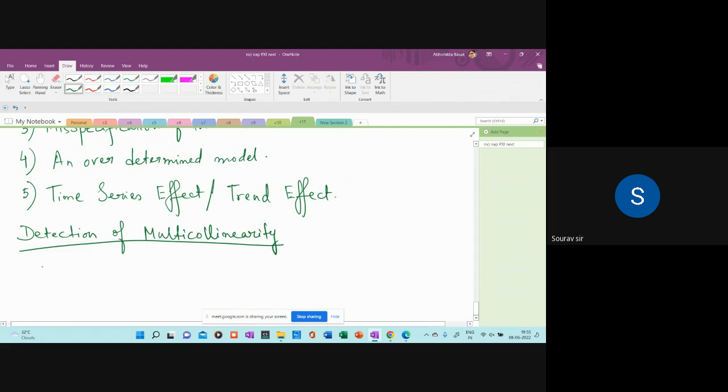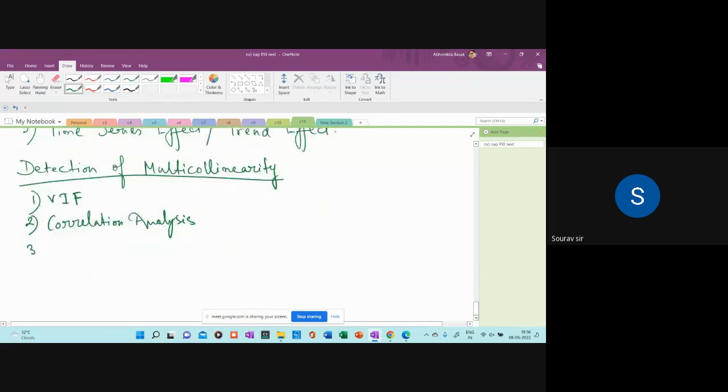Detection of multicollinearity: one is VIF, we all know. Number two is correlation analysis. Number three is auxiliary regression analysis.